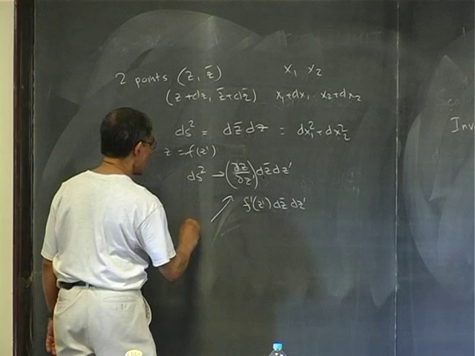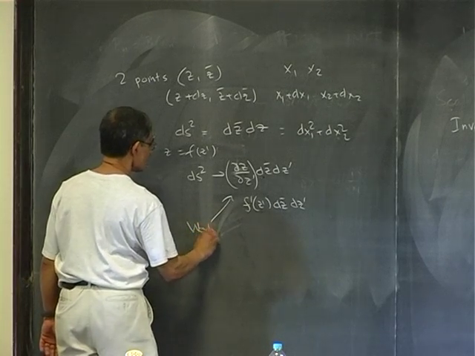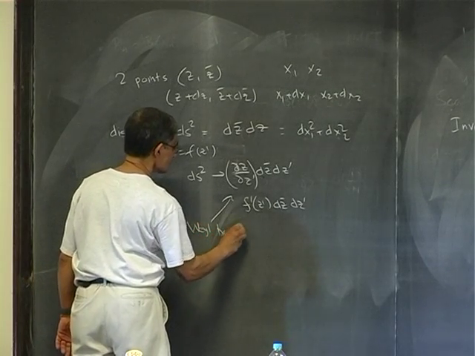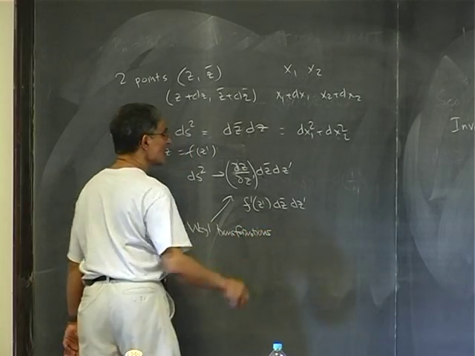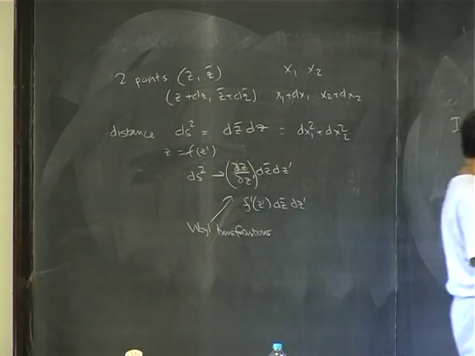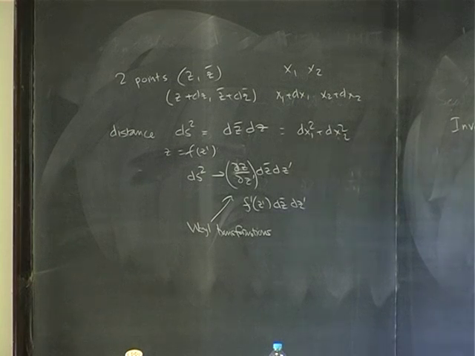This is called a Weyl transformation. Which is why conformal transformations, which are defined by these in 2 dimensions, can be alternatively thought of as Weyl transformations which rescale the metric by arbitrary functions of z and z bar.